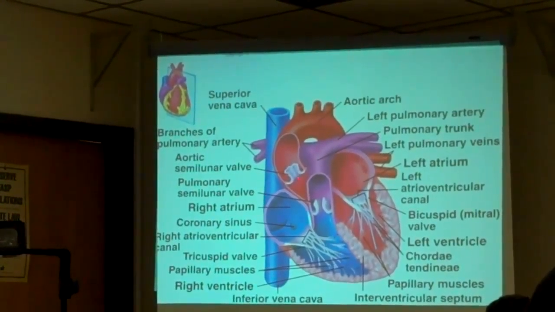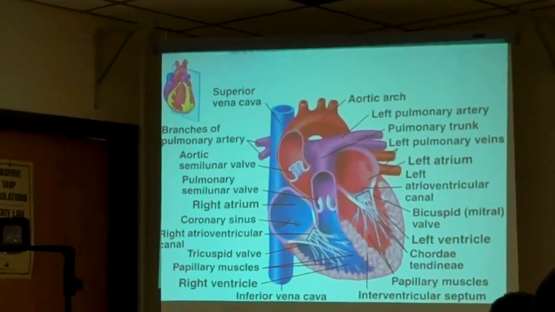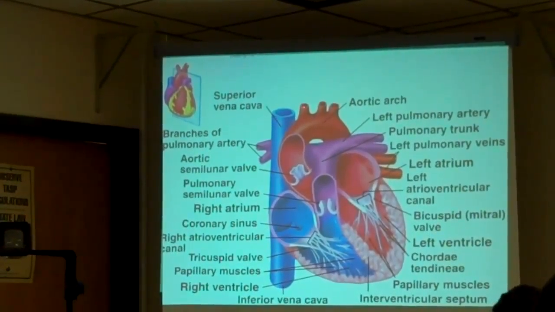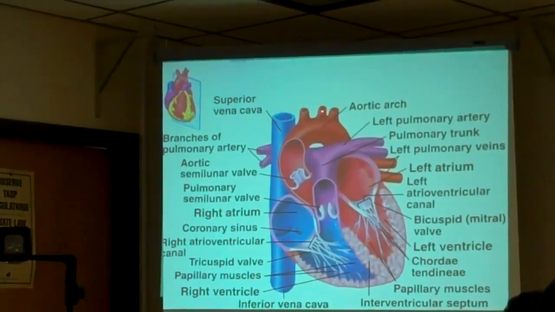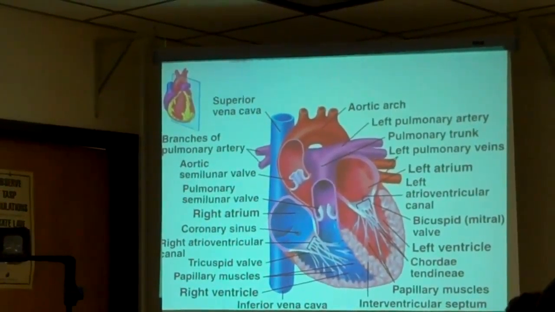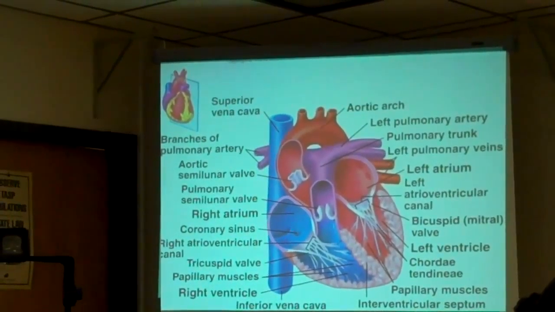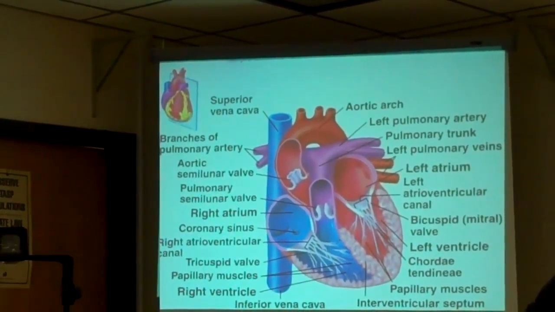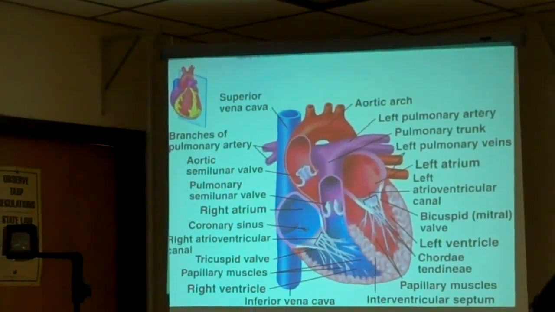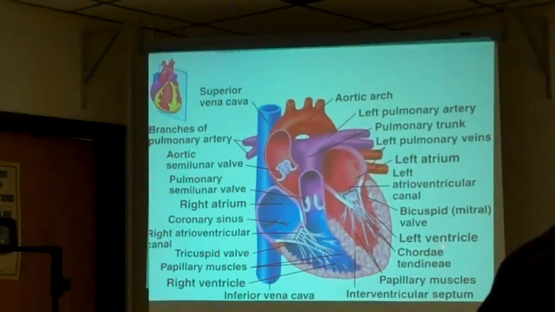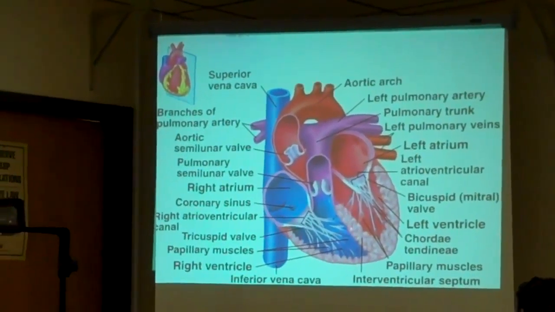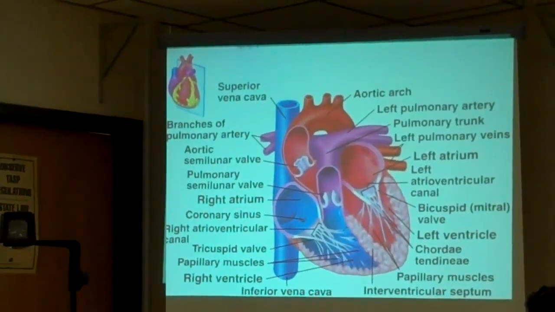And here's the aortic semilunar. Now, what is that right there in a human? Brachiocephalic. What is that one? Left common carotid, left subclavian. In the cat, you only have two branches. Y'all remember that, don't you? Yeah, you remember. This is just kind of showing the idea right here. There's that interventricular septum right there, and so forth. So you kind of get an idea.